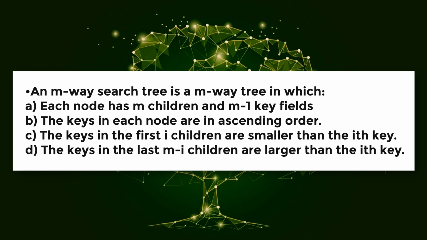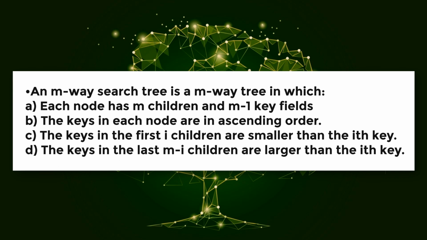Later on I will discuss in the diagram what I am telling you. Here you can understand that all the nodes in the I1 children are less than the next coming ith children, like I2, I3 and so on. The keys in the last M minus i children are larger than the ith key.